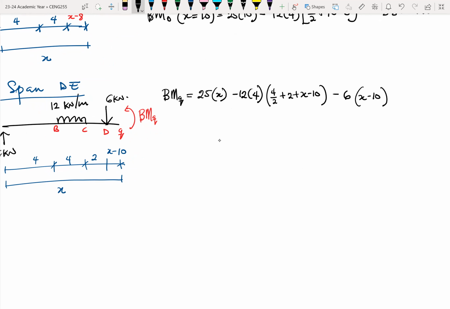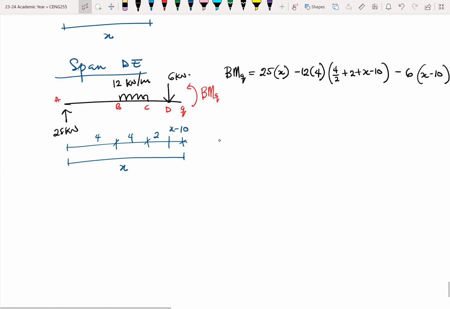Yeah, it's quite long, but that's how it's supposed to look. Okay. So our limits would be, x will be from 10 to 12.